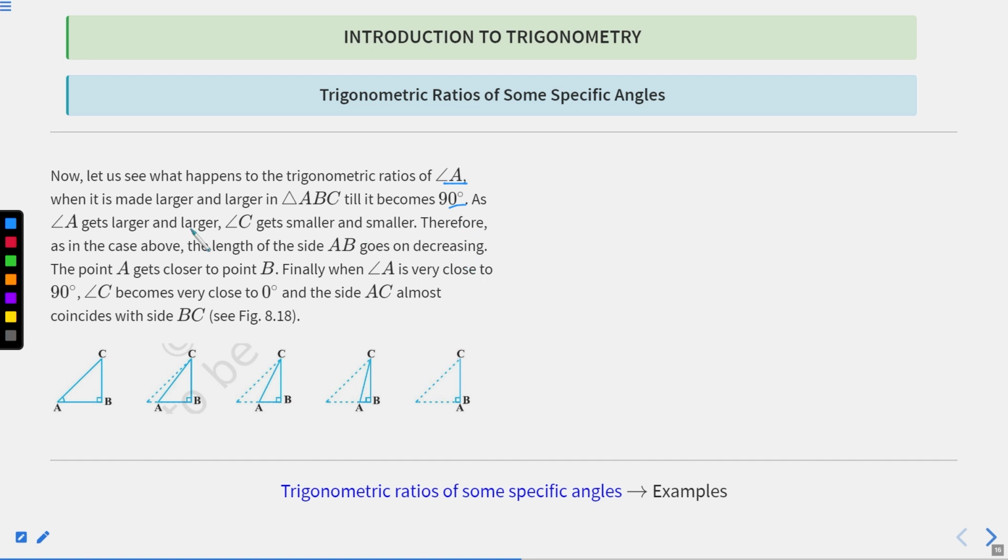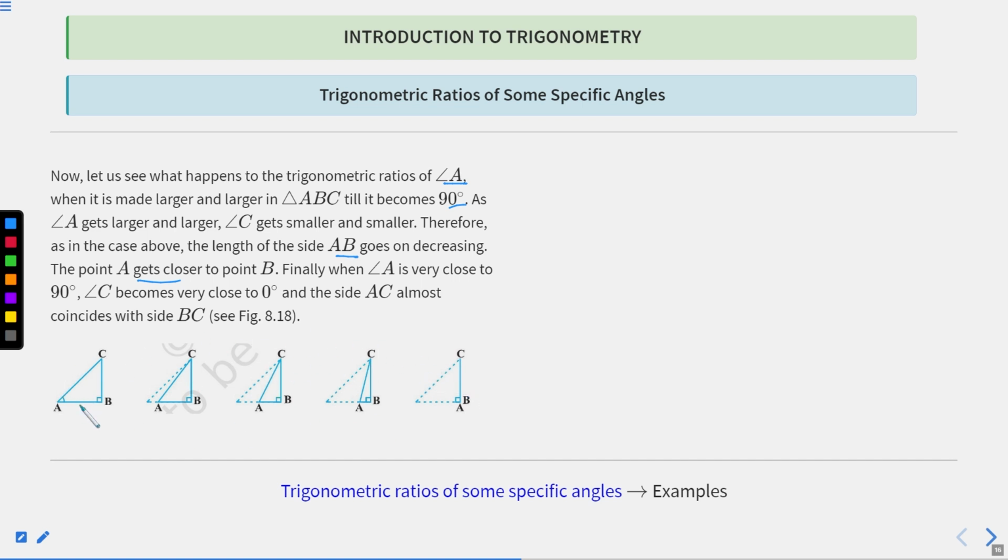Okay, so therefore, as in the case above, the length of the side AB goes on decreasing, and the point A gets closer to the point B. Finally, when angle A is very close to 90 degrees, then angle C becomes very close to 0 degrees, and the side AC almost coincides with the side BC, as shown in this figure.